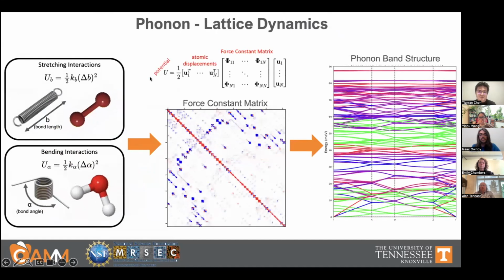So next is phonons. On the left, I'm showing two frequently used interactions: a stretching interaction and a bending interaction.